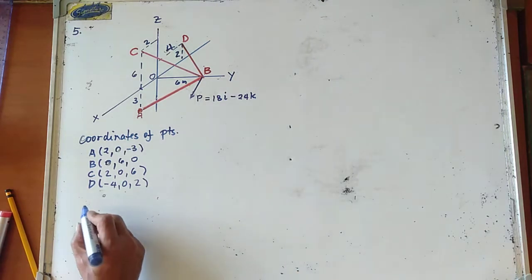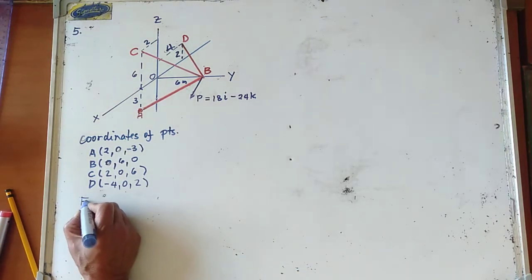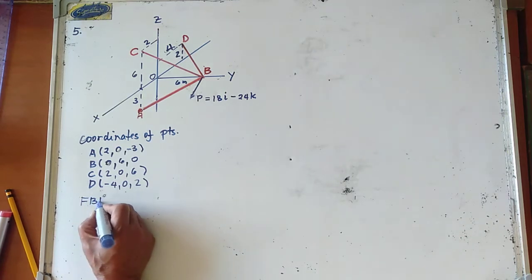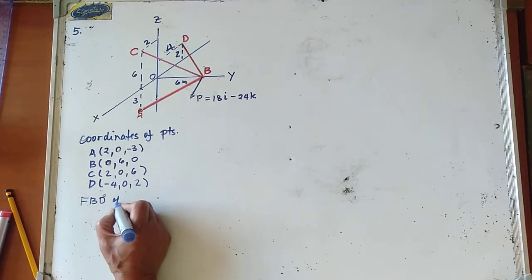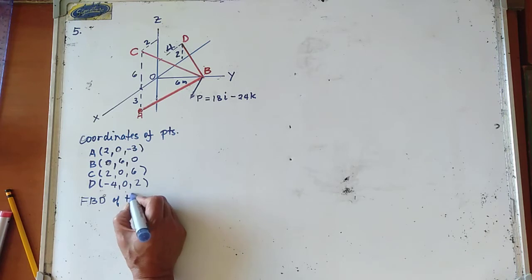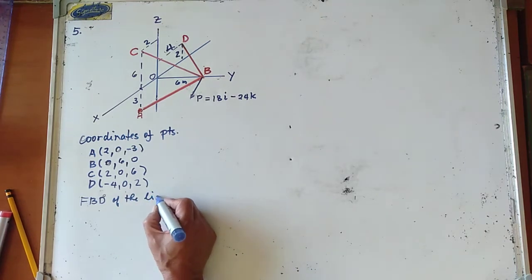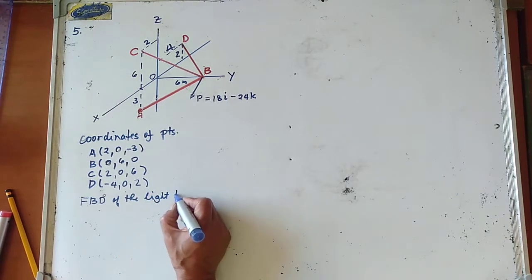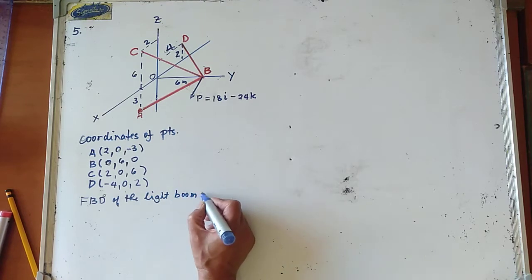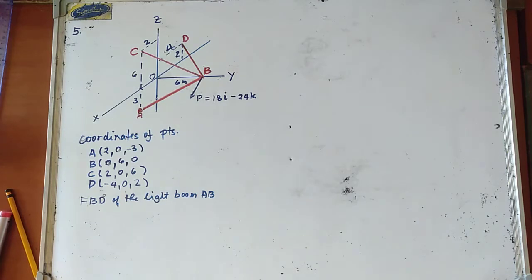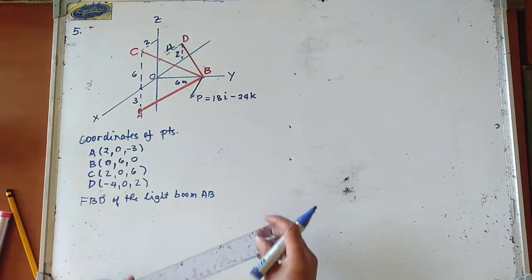Let us draw the free body diagram of the light boom AB.